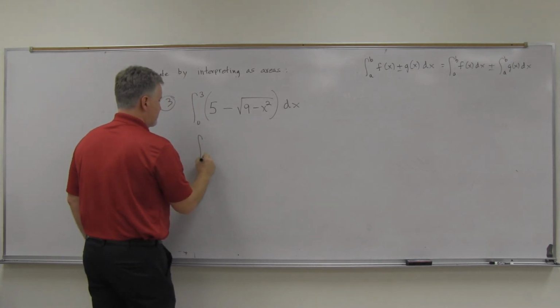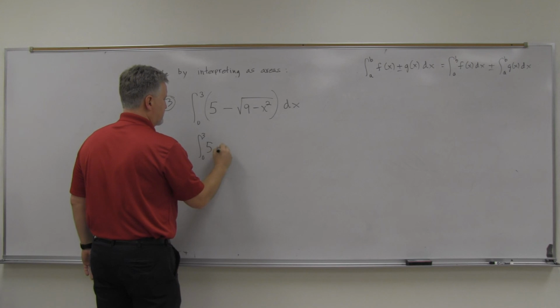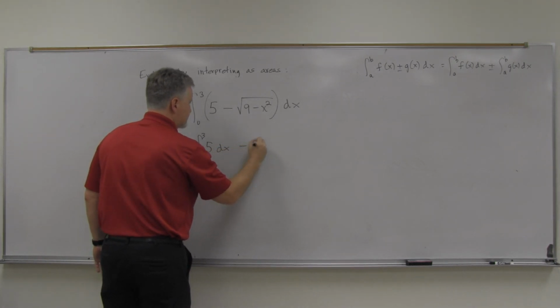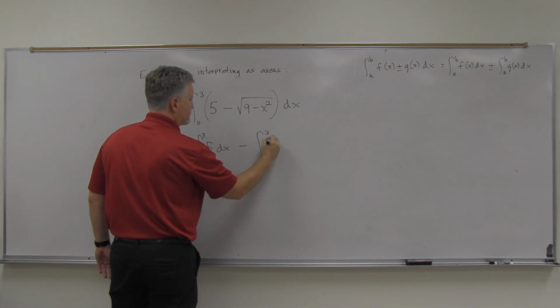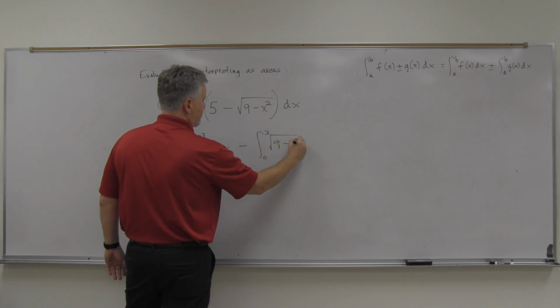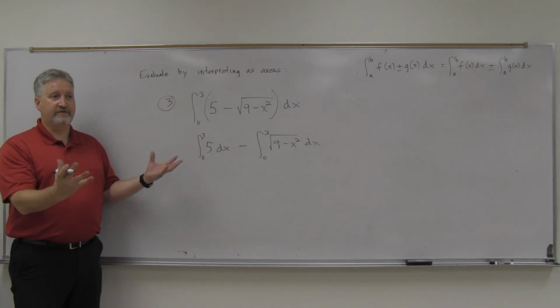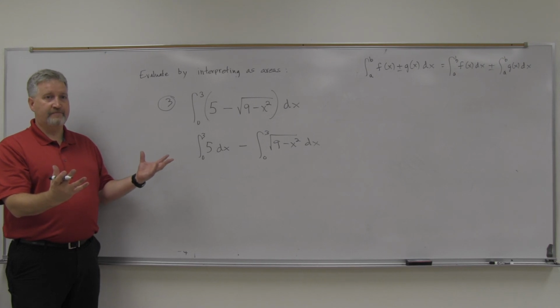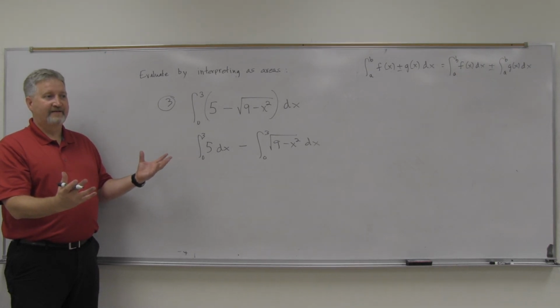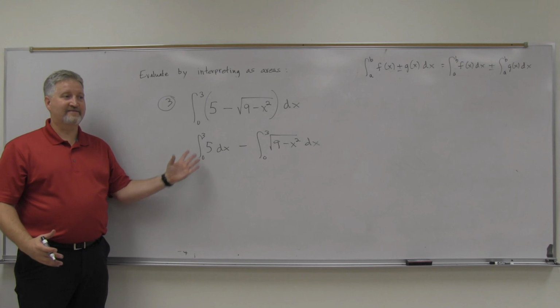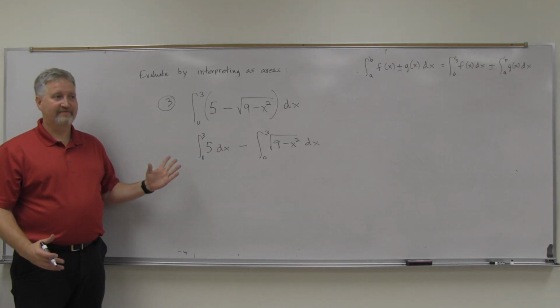So now I can do the integral from 0 to 3 of 5 dx, and then minus the integral from 0 to 3 of the square root of 9 minus x squared dx. See what I'm saying there? Separate those into two separate integrals. Now I can look at these areas separately.